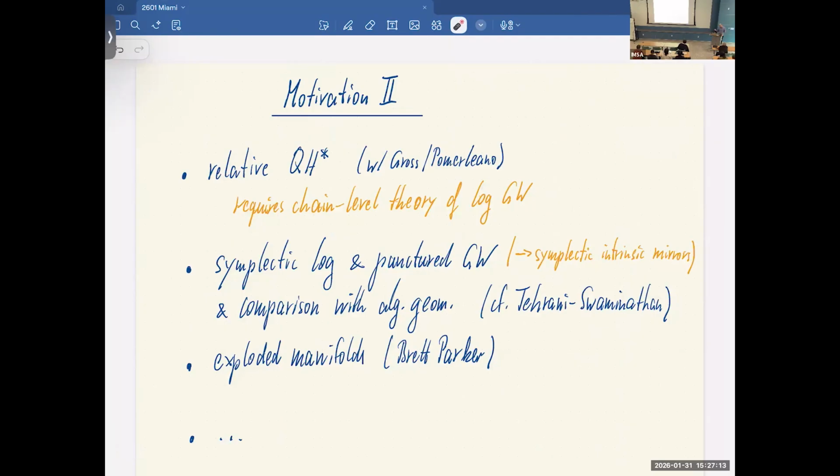Okay, so what are the other motivations? There's another project with Dan and Mark, where we want to generalize this intrinsic mirroring, which is really something like the cohomological degree 0 symplectic cohomology ring, or relative quantum cohomology ring in cohomological degree 0, to a higher cohomological degree.